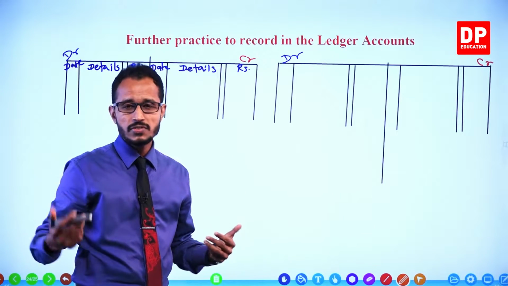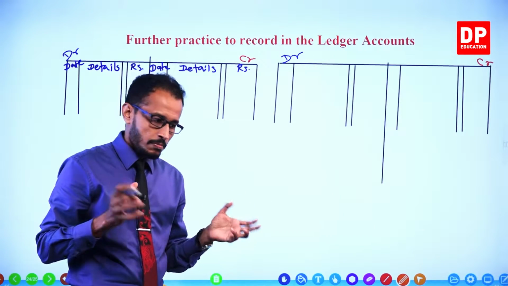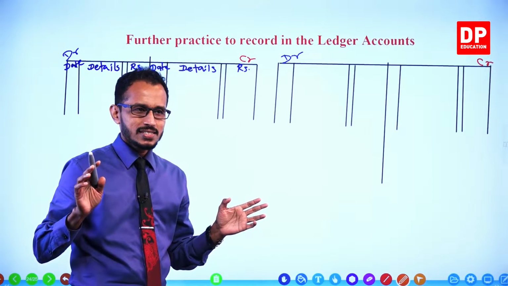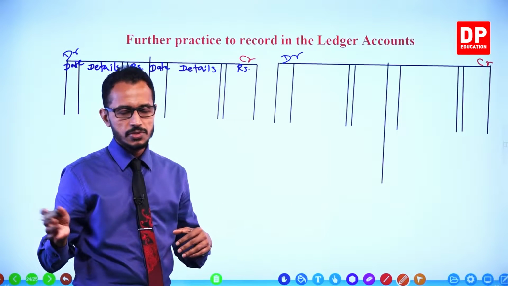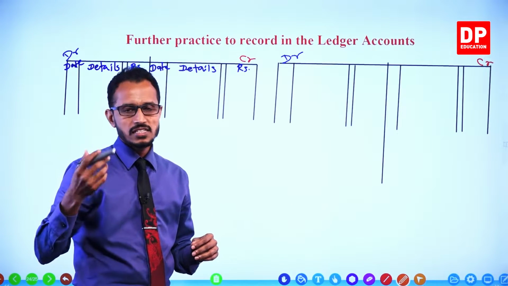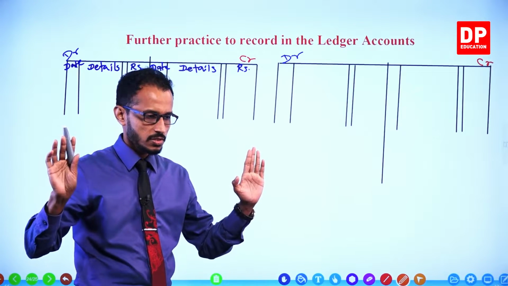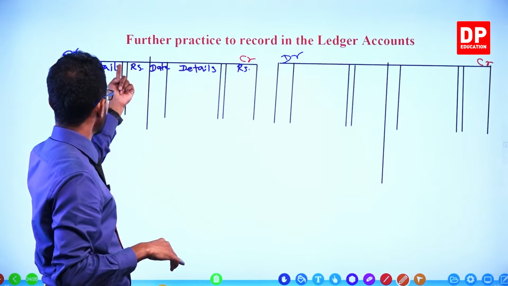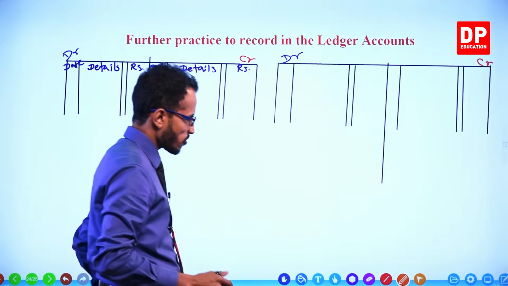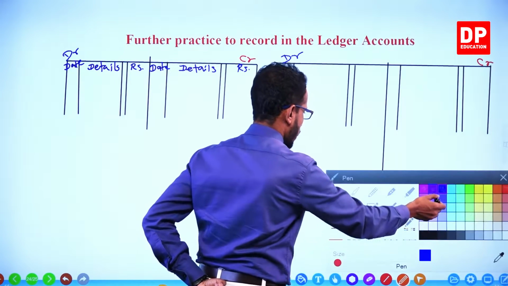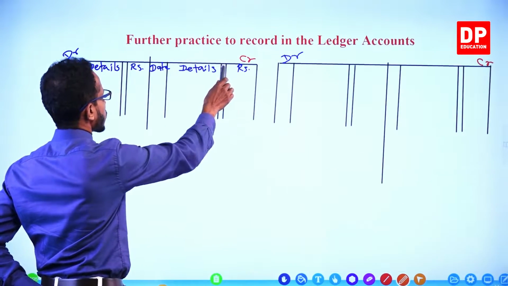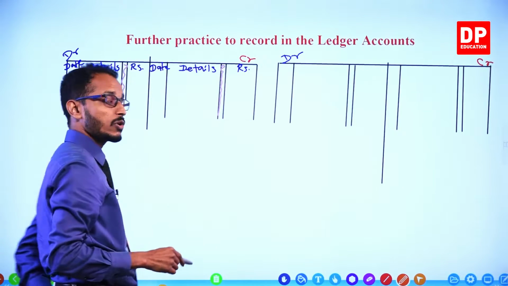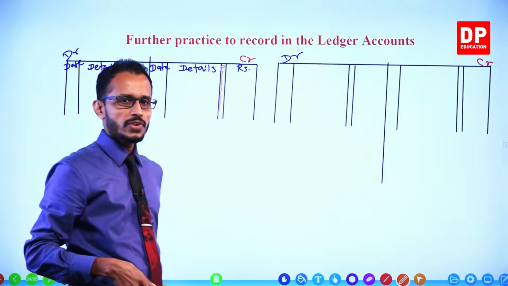It's not actually relevant to us. We don't fill the ledger folio column. It's, let's say, out of the syllabus, but it has a use. But in your O-level days, you are not learning that. Both sides we have the ledger folio columns, but we don't fill them.